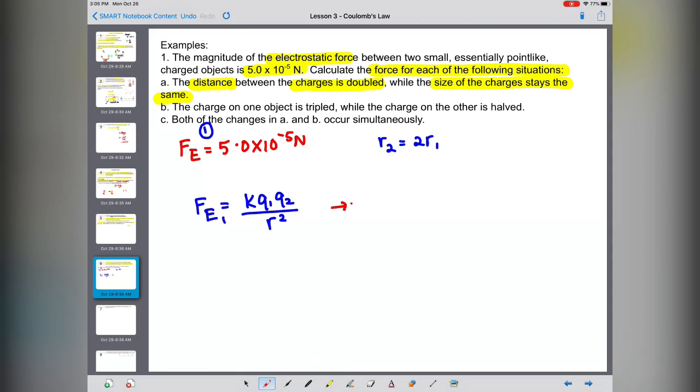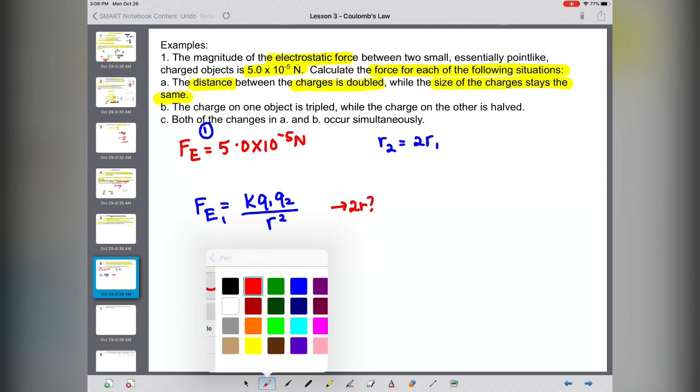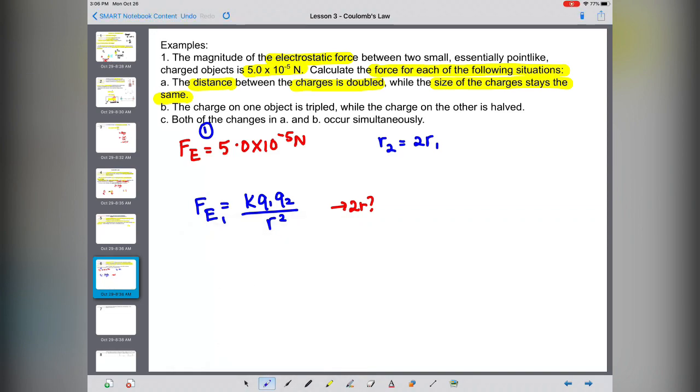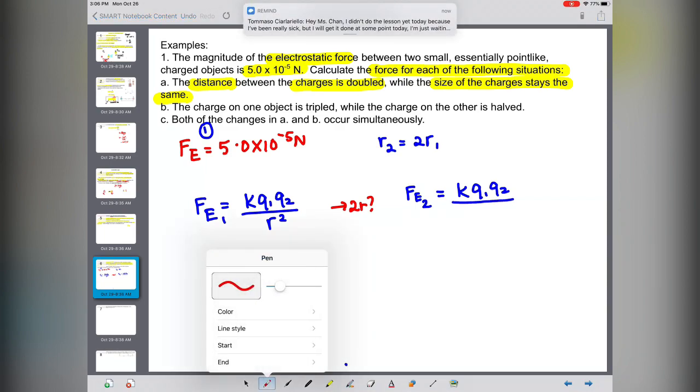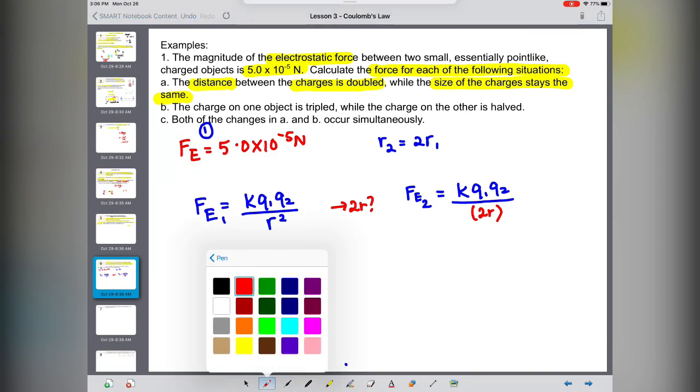These are called ratio questions. Sometimes you guys hate them. So the new one, this time, k, Q1 and Q2 stay the same, but my radius is different by double.